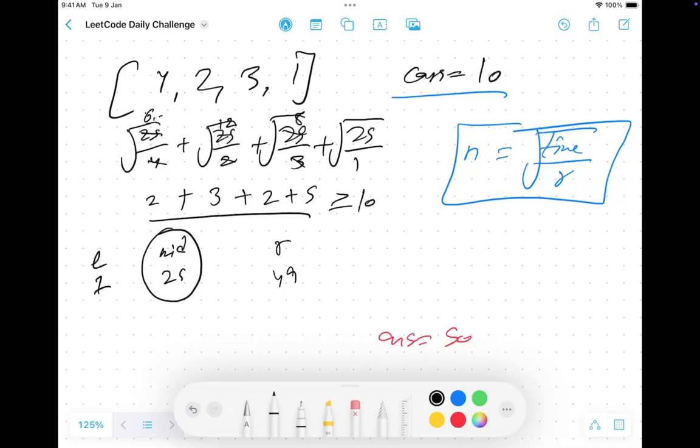So 25 is another answer, or the answer is less than 25, right? So 25 is a better answer, or the answer is less than 25.